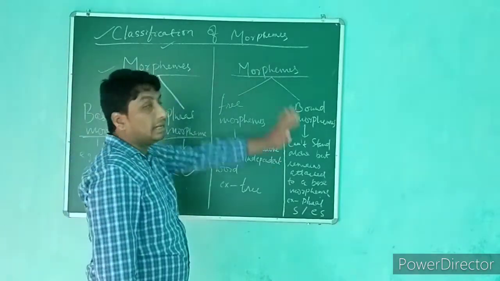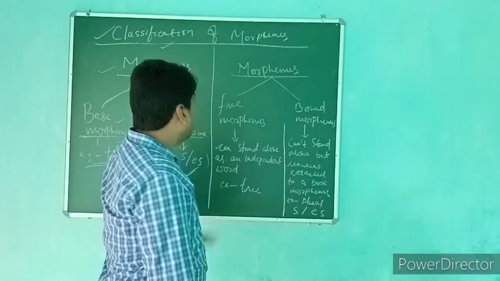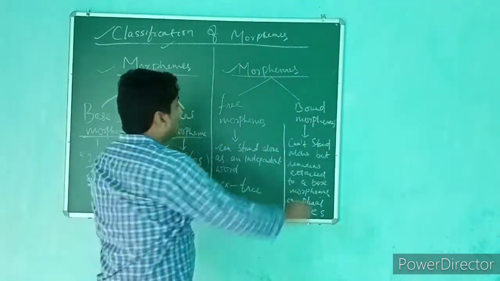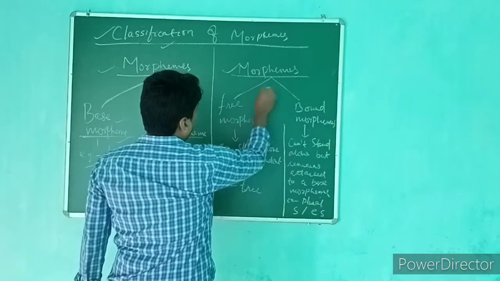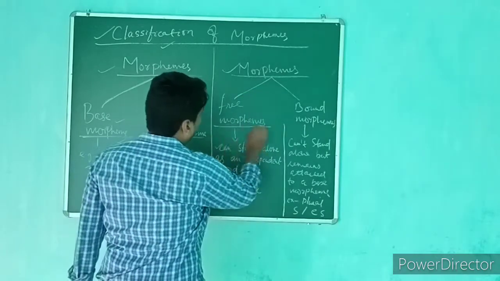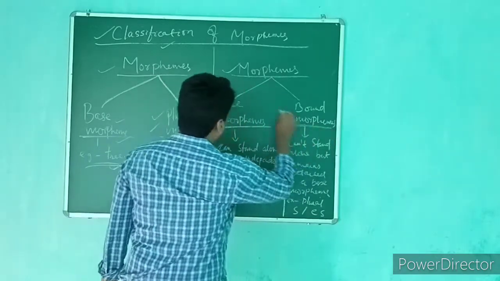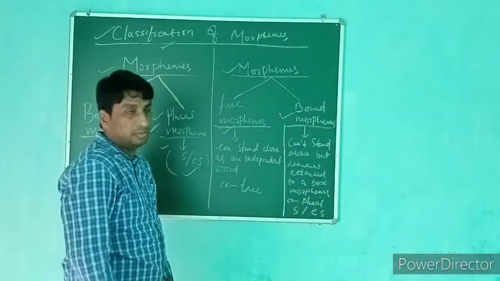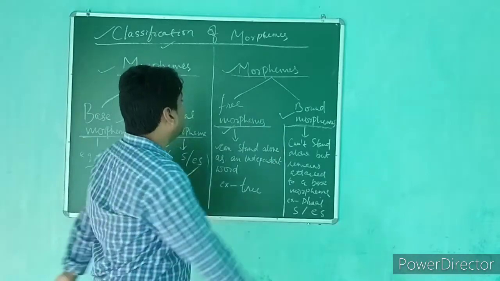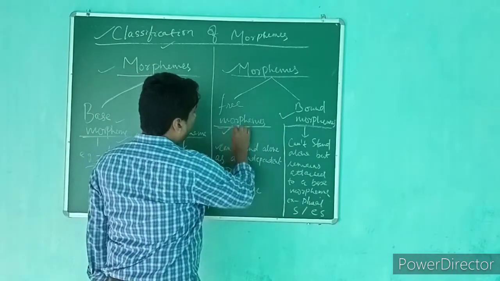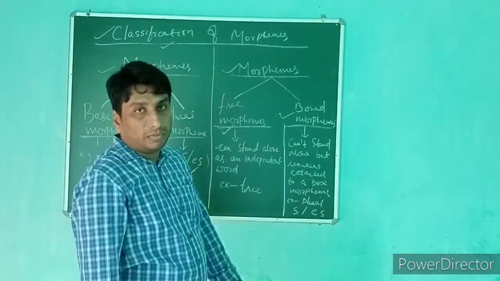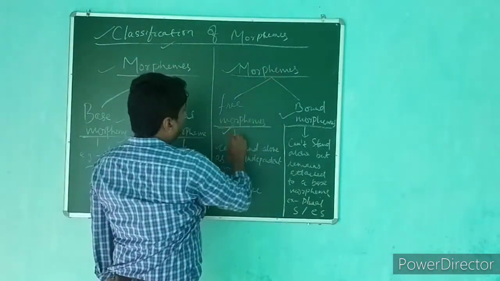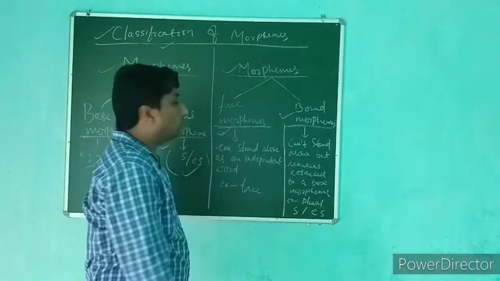Now the same thing can be understood and classified in this manner as well, right? Morphemes are again divided into two different categories.